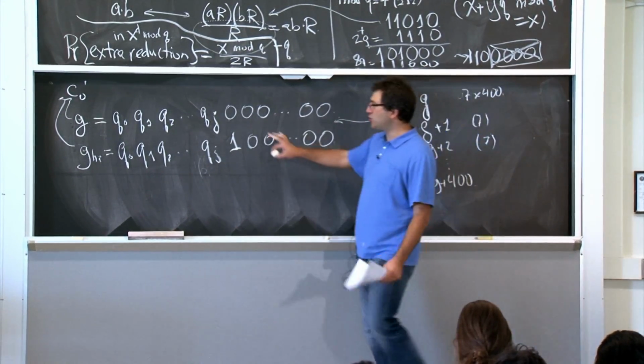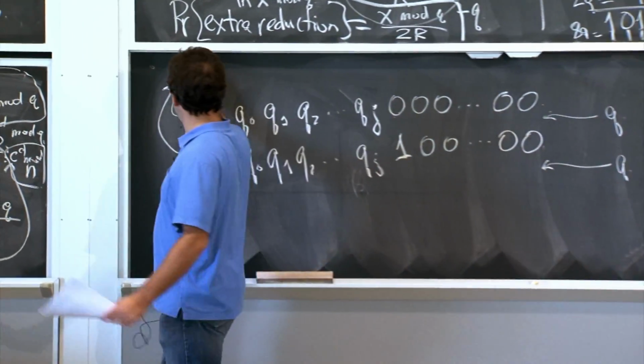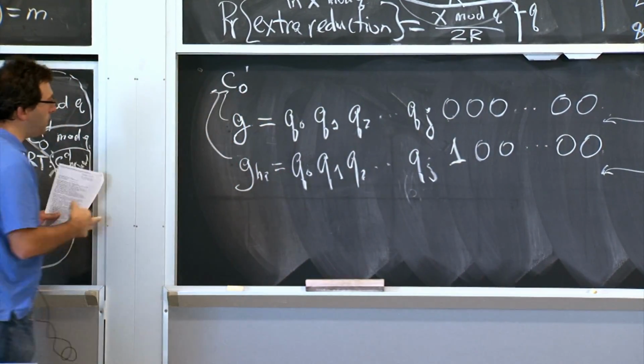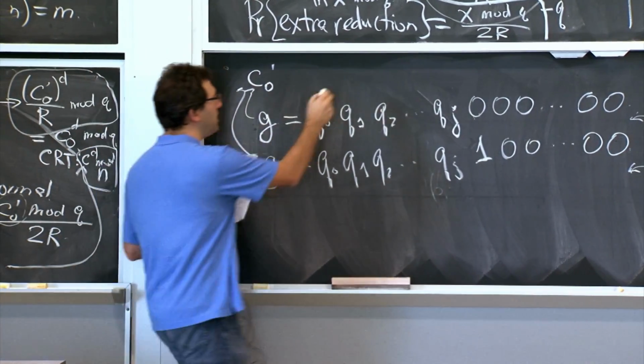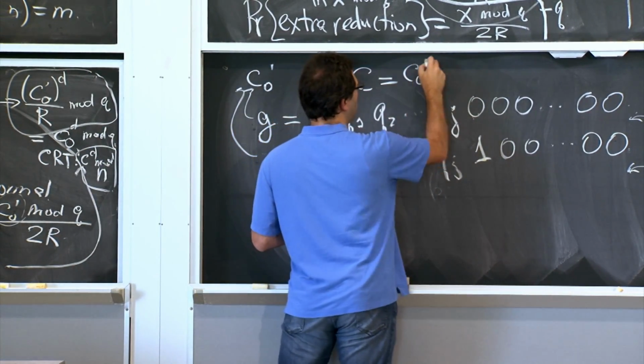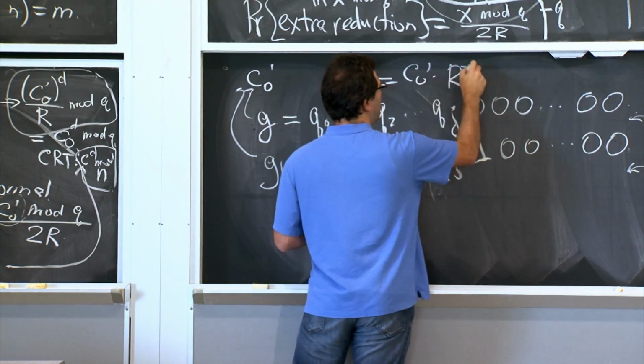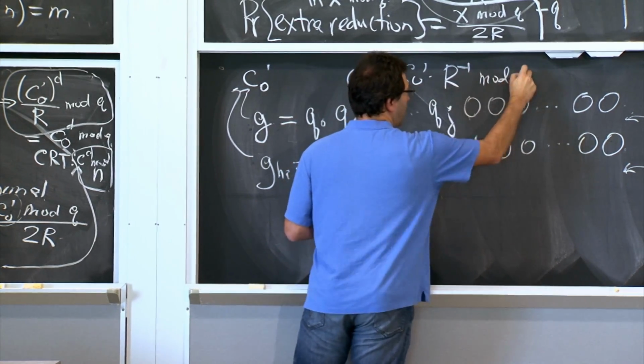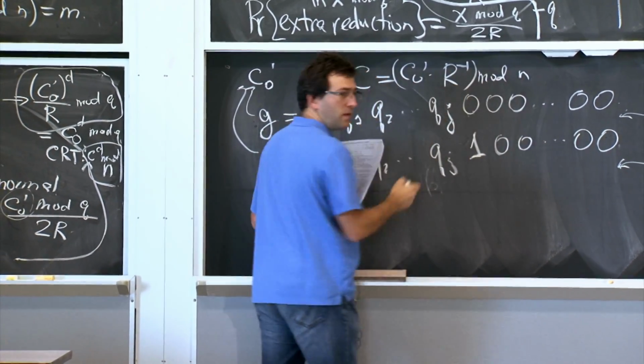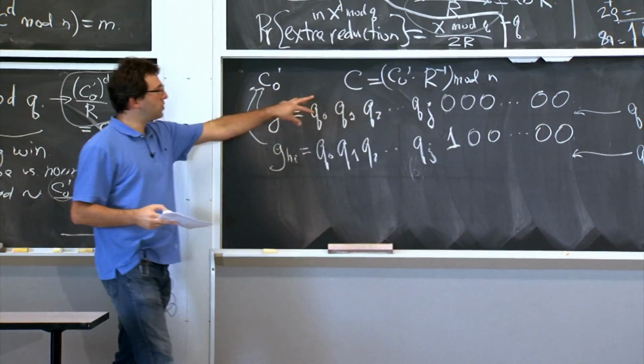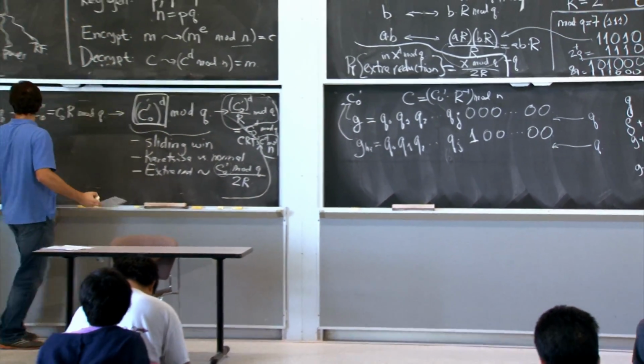Well, you're going to construct this value C0, well, you want the C0 prime. You're going to construct a value C by basically taking your C0 prime and multiplying it times R inverse mod n. And then when the server takes this value, it's going to push it through here.